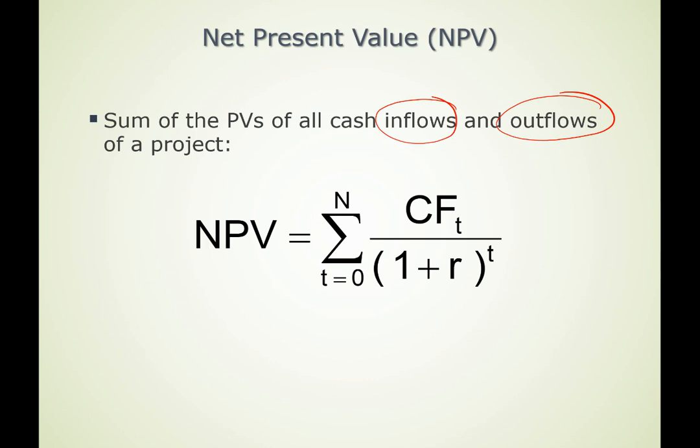So by formula, once we know what the cash flows are, we determine the present value of each cash flow, and then we sum all the present values together, and that will give us the net present value. And we use that net present value to make a decision, for example, on which project you're going to invest in.